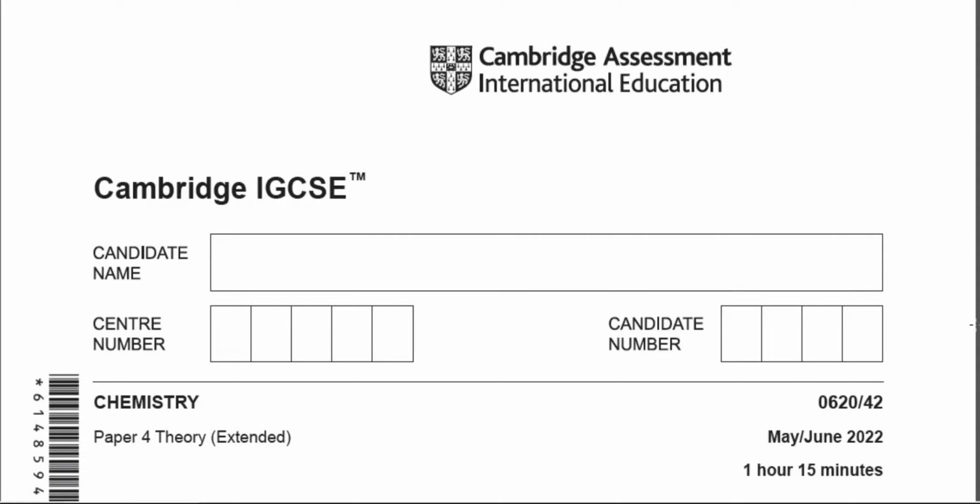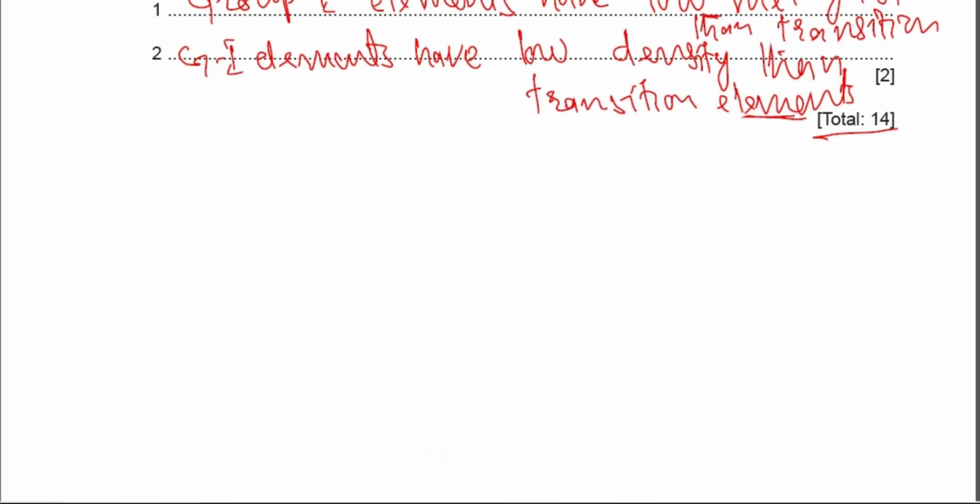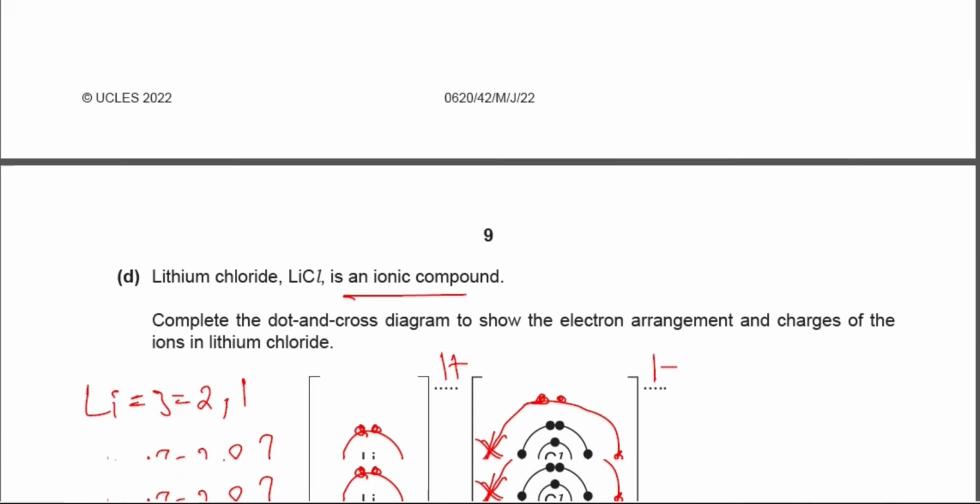Welcome back, dear students. We are going to continue with question number 5 of the same paper, IGCSE 0620/42, May June 2022. So I'm directly jumping to question number 5. We solved the previous questions.